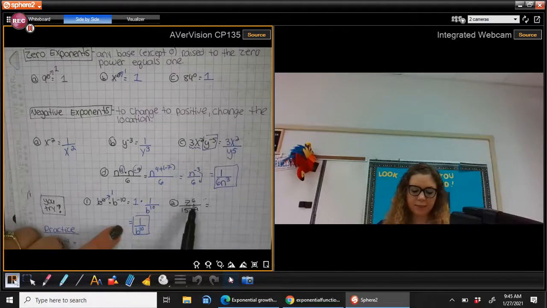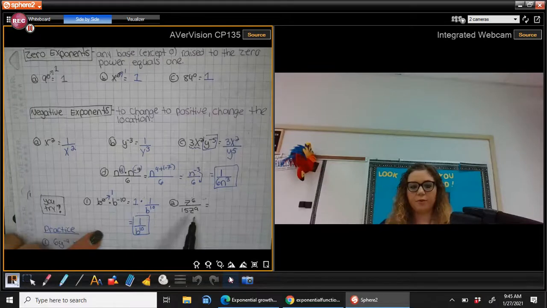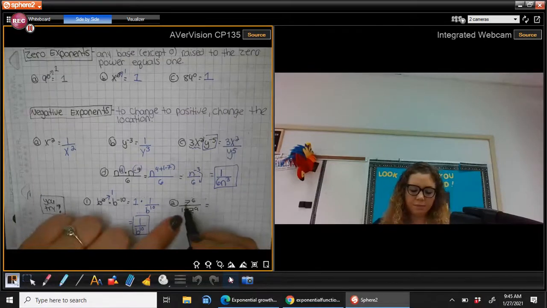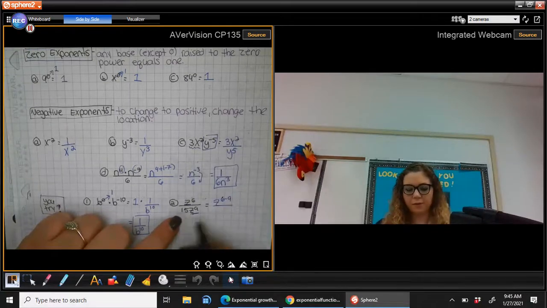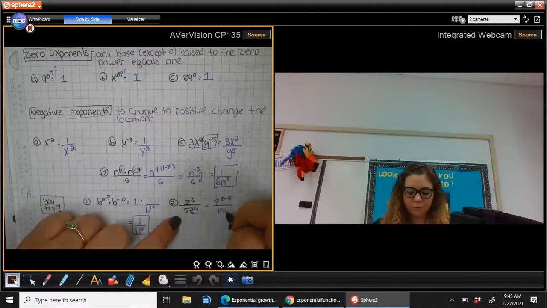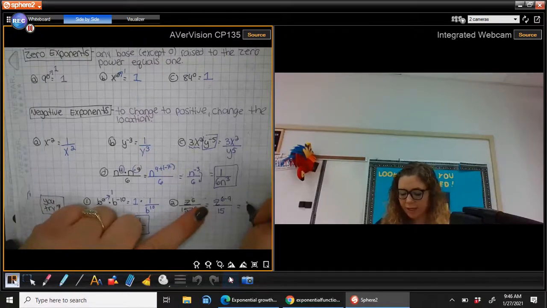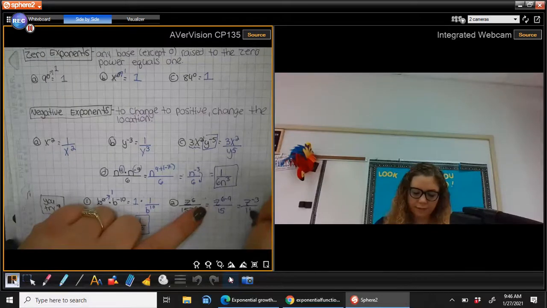z to the 6th power over 15 c to the 9th power. My bases are the same, so I'm going to subtract my exponents. So I'm going to do z, 6 minus 9, all over what's left on the bottom, which is 15. 6 minus 9 is going to give me negative 3 over 15.